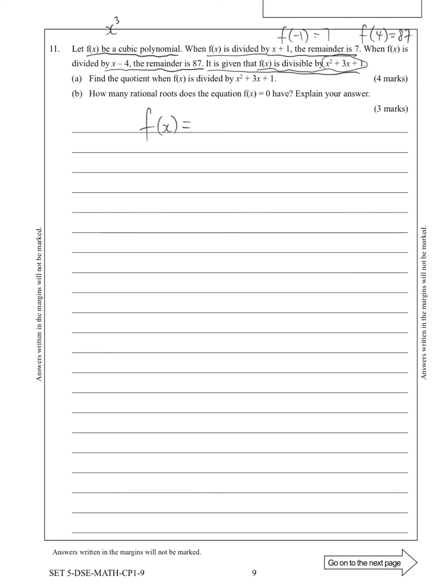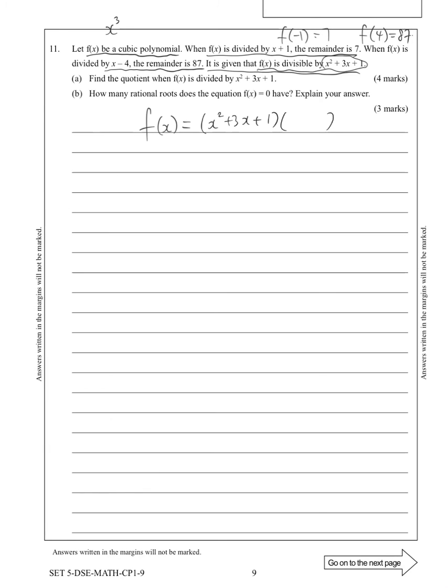It's divisible by x squared plus 3x plus 1. So that's actually your divisor. Okay, and if you remember, an equation of polynomial should have a divisor, a quotient, and a remainder. But since in this case it says the word divisible, that means there's no remainder, but there should be a quotient part, okay?